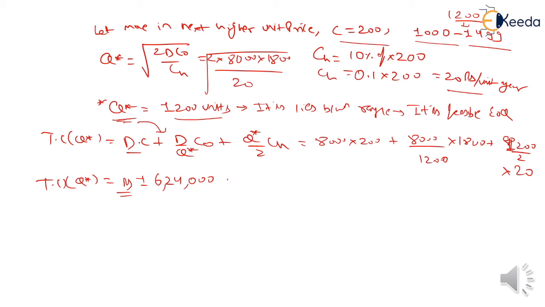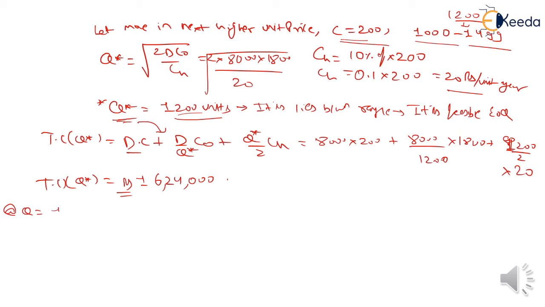After that, we can calculate the total cost corresponding to the higher order size. So at Q equals, what is the higher order size? At unit cost 200 the order size is 1200.